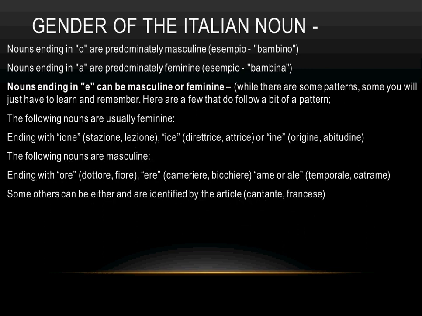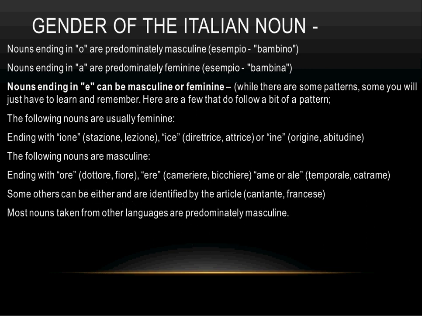In addition, some others can be either masculine or feminine and are identified by the article. For instance, il cantante, the singer, masculine, or la cantante, the singer, feminine. Il francese, the French man, and la francese, the French woman.